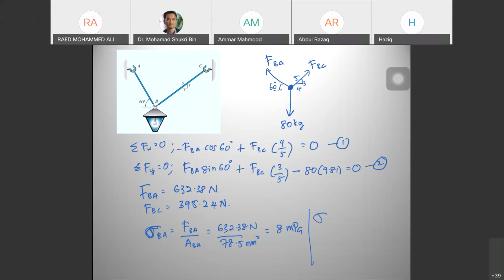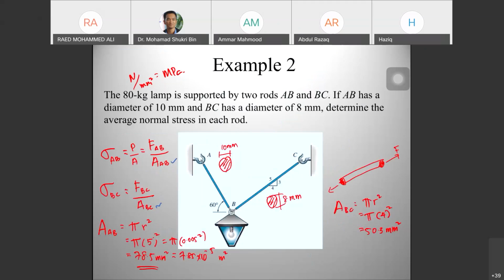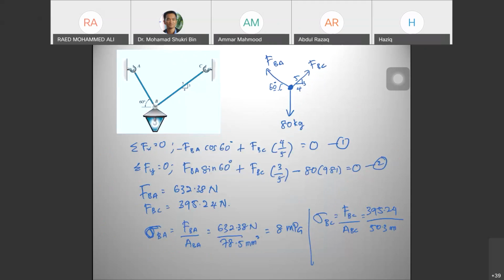And then for sigma BC, same things, FBC over area BC. So this one is 395.24 Newton divided by area BC, 50.3 millimeter squared.